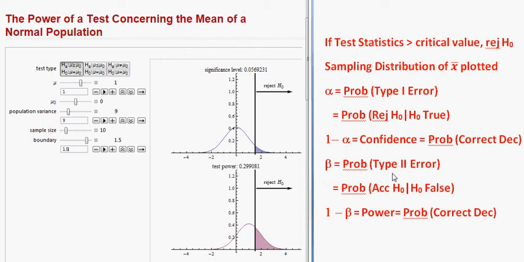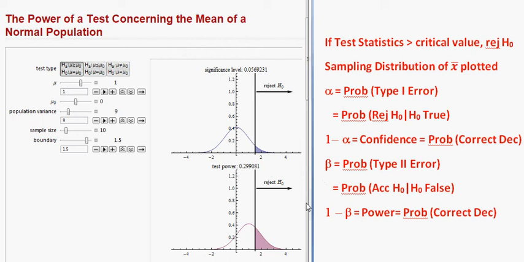So the probability of type 2 error is 70% in this case, and the right hand side area is 1 minus beta, which is the power, the probability of making the correct decision. When the alternative hypothesis is true and I'm rejecting the null hypothesis, that's a correct decision. You can see that the beta error is pretty large here, because there's a huge overlap between the null and alternative hypothesis.